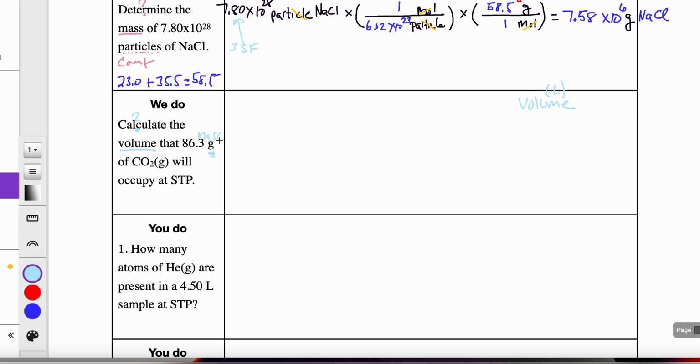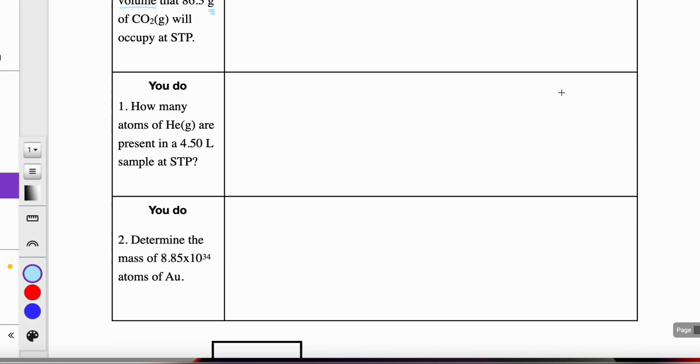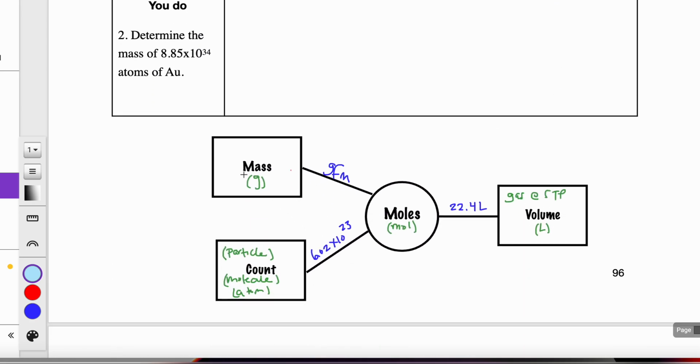So we are given a mass. We are starting off with a mass because the number is tagged with a G for grams, but our job is to get all the way to volume. So our answer is tagged with liters. We're starting off here in mass. We need to get to volume, but there's no direct link between mass and volume.